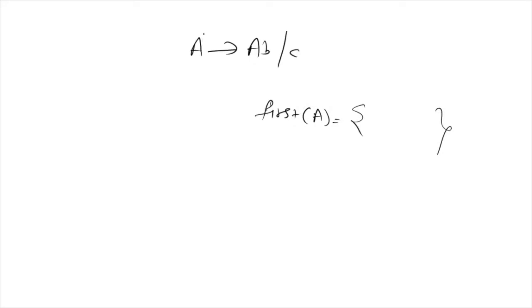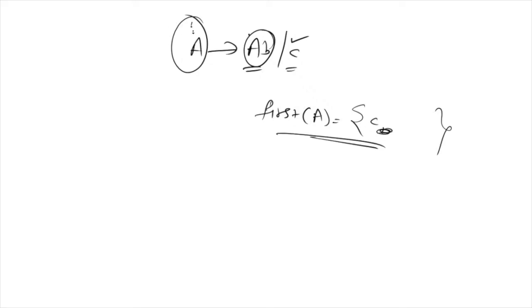As I told you, directly go to A. Now after going to A, just find out what is the first of these things. First of this is simple, C. First of this is again A. So first of A is equal to first of A, and that will not lead to anything.